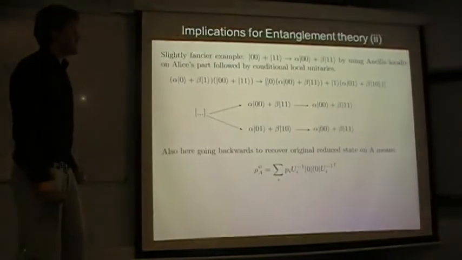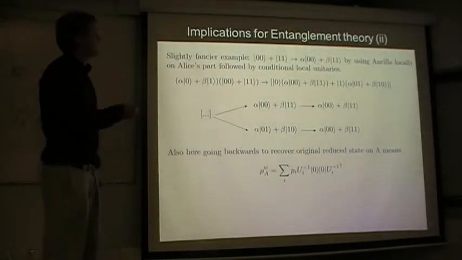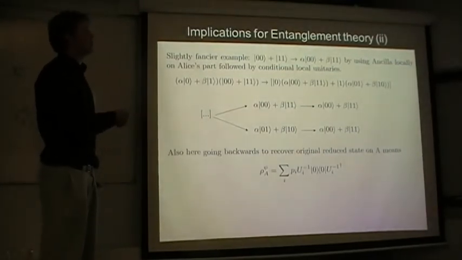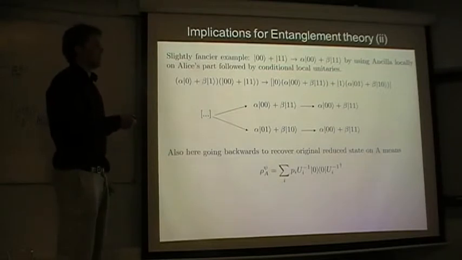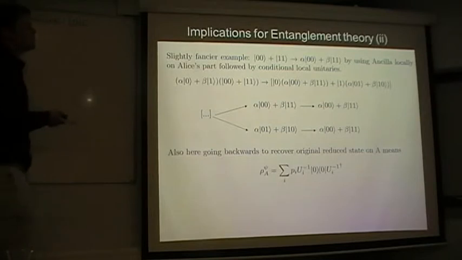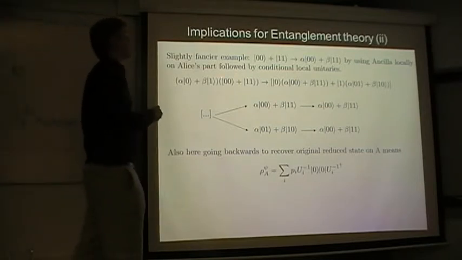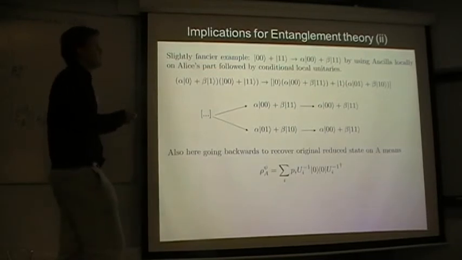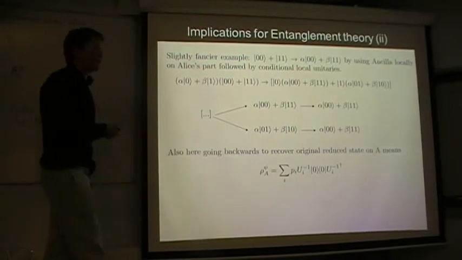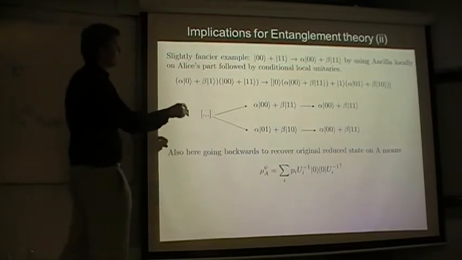A slightly fancier example is that now you have to think, how can I convert this sort of thing to that? Well, you can do it by using an ancilla locally on Alice's part, followed by a measurement on the ancilla, followed by conditional local unitaries. So here's the state you're interested in.